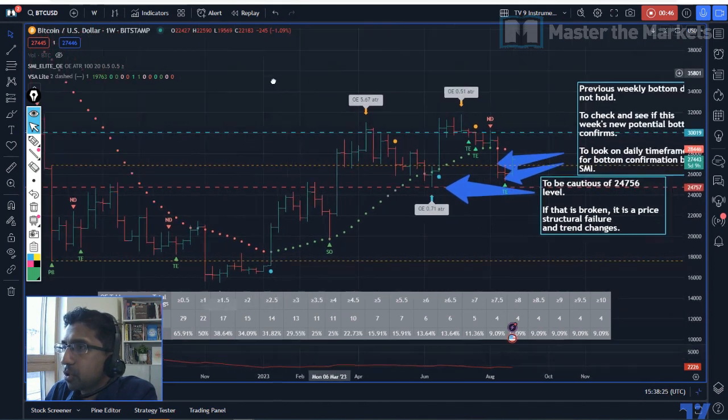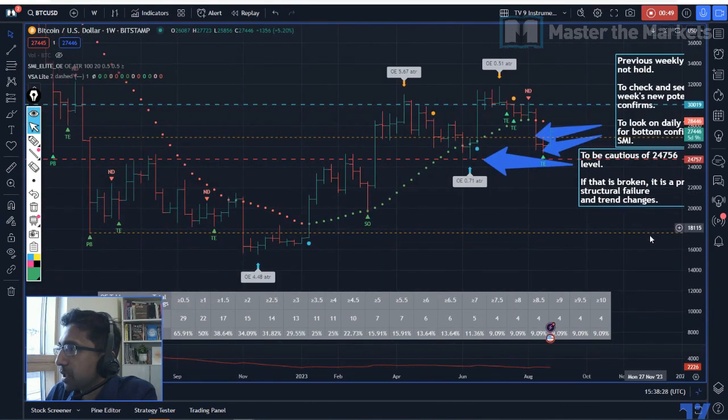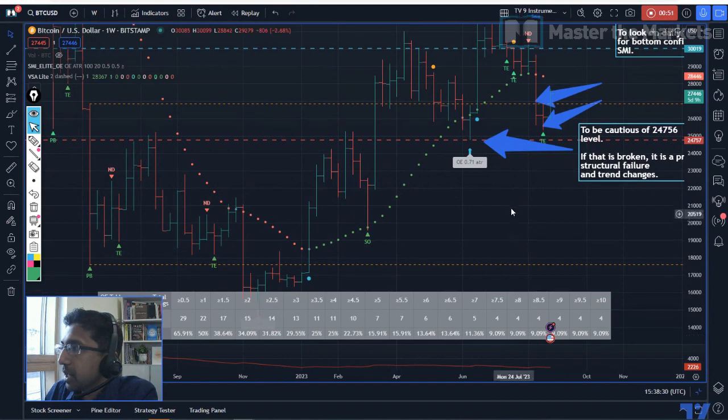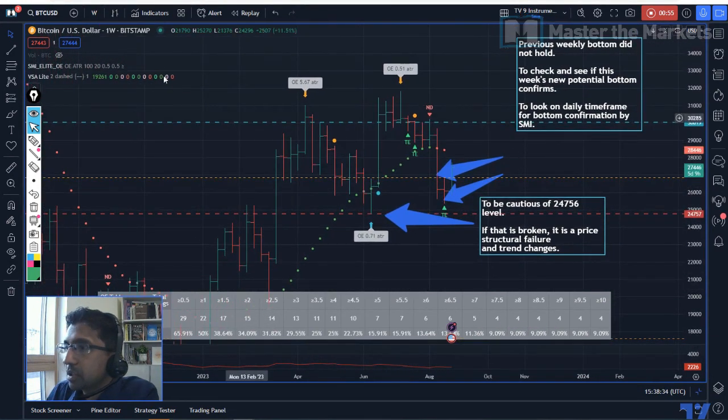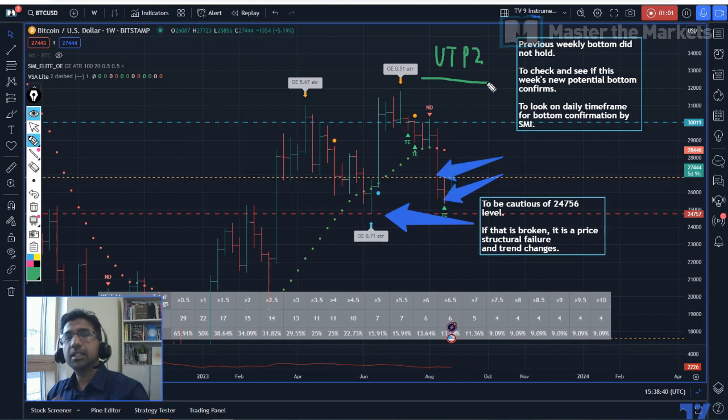Taking a look at Bitcoin according to our smart money framework and cycle methodology, what we can see over here is that this is an uptrend phase 2. Some of you already are familiar with how we define trend and phase if you've been watching our previous videos.